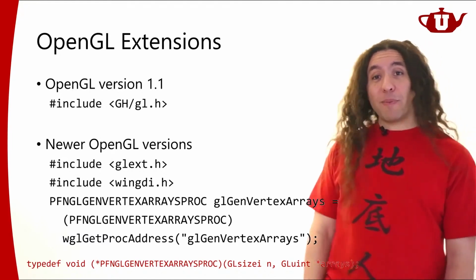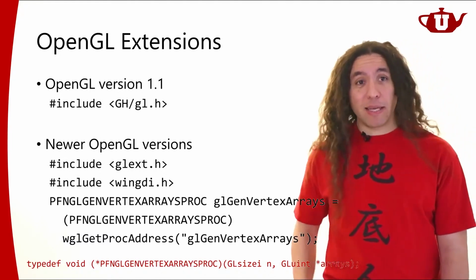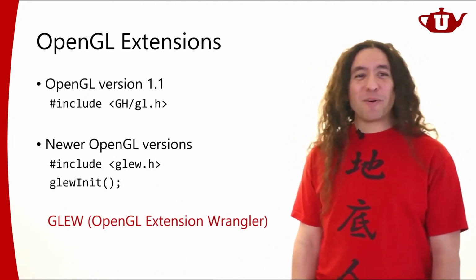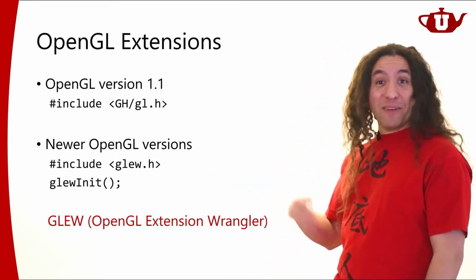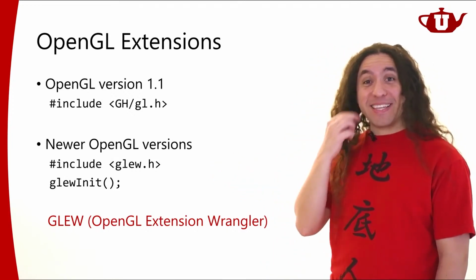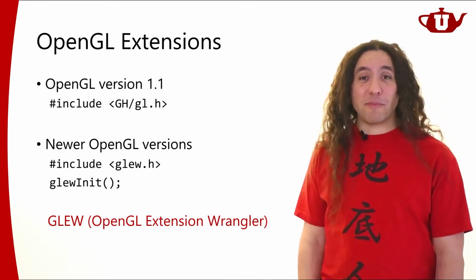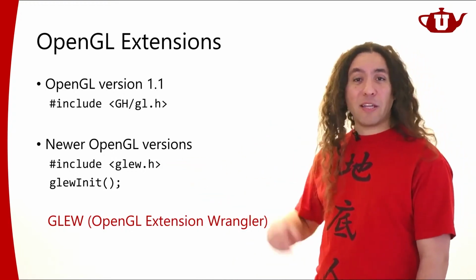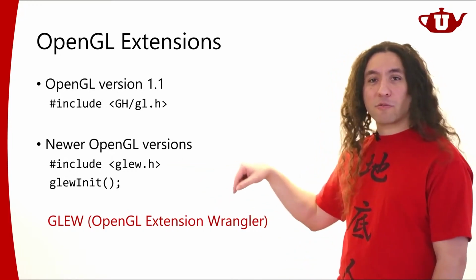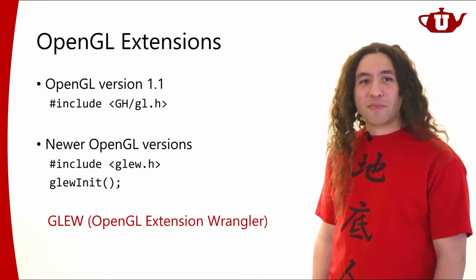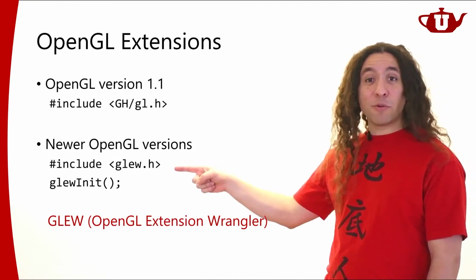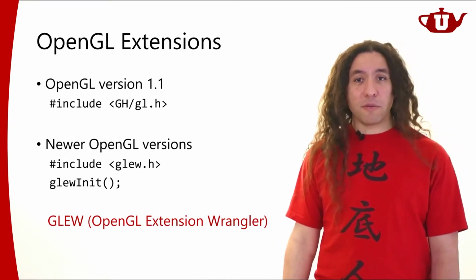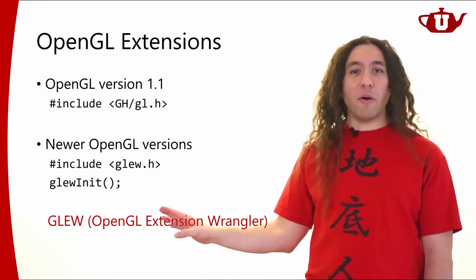So, wouldn't it be nice if we could get rid of that complexity? Sure, that would be nice. So people came up with different ways of simplifying these things for programmers. One that I'm going to recommend is glew.h, the OpenGL Extension Wrangler. This header includes the extensions, and then it does all of that initialization for you. You won't have to worry about it at all.